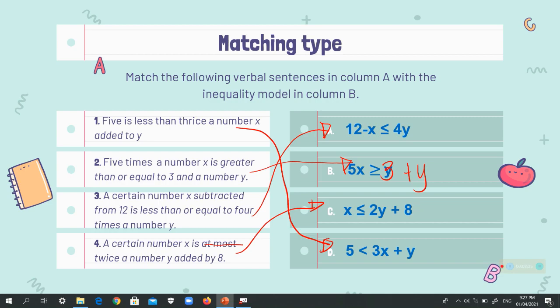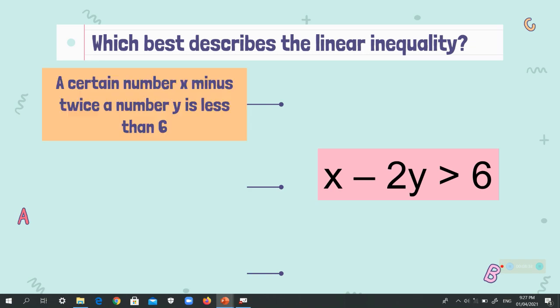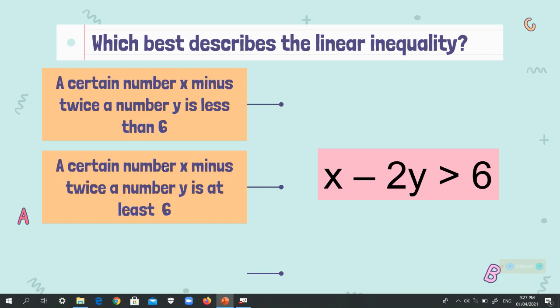Any question? Let's have another question. Which best describes the linear inequality x minus 2y is greater than 6? On the first choice, we have a certain number x minus twice a number y is less than 6. Next, a certain number x minus twice a number y is at least 6.